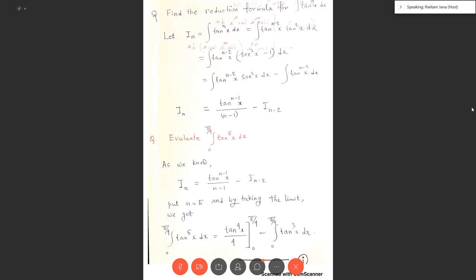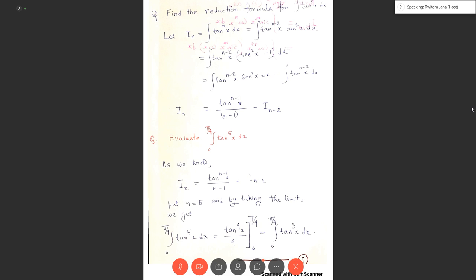That means the integral from 0 to pi by 4 of tan^5 x dx is equal to, if you put n equals to 5, tan to the power 4x divided by 4 over 0 to pi by 4, and I_(n minus 2) is nothing but the integral from 0 to pi by 4 of tan cube x dx.